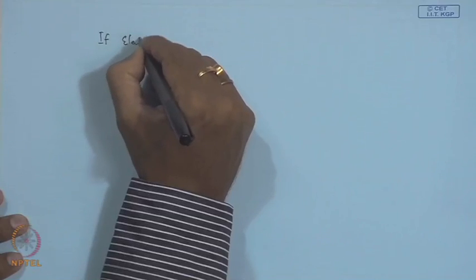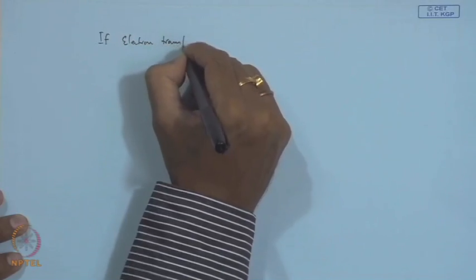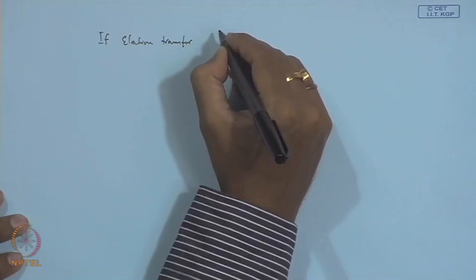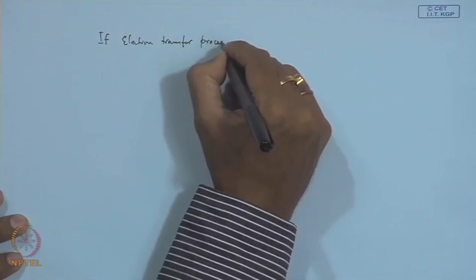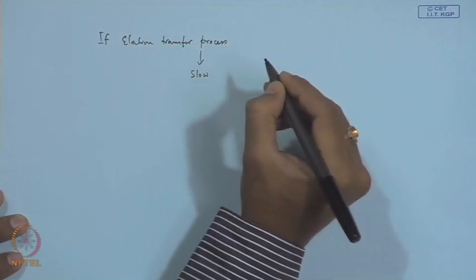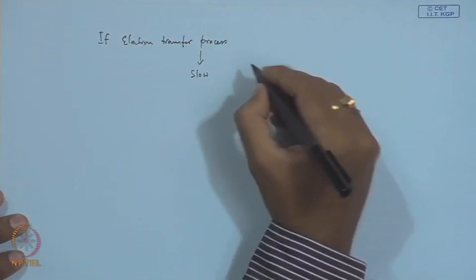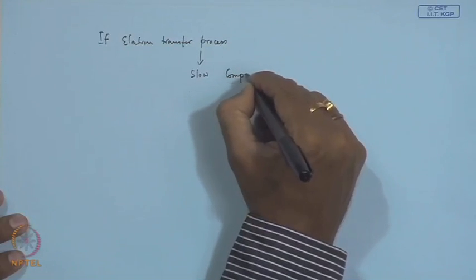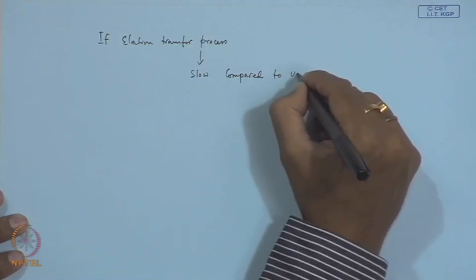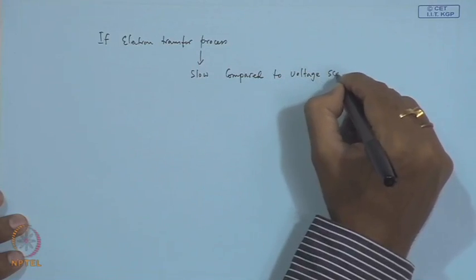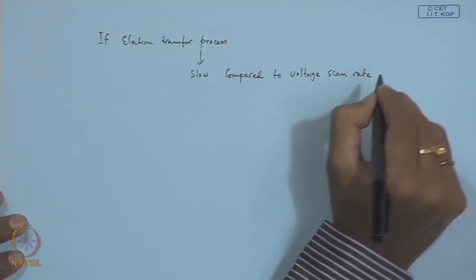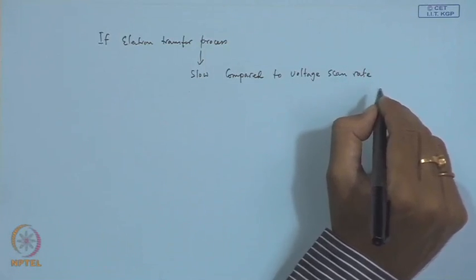So, one question is still remaining: if electron transfer processes are slow, I mean slow in comparison to your voltage scan rate, slow compared to voltage scan rate.